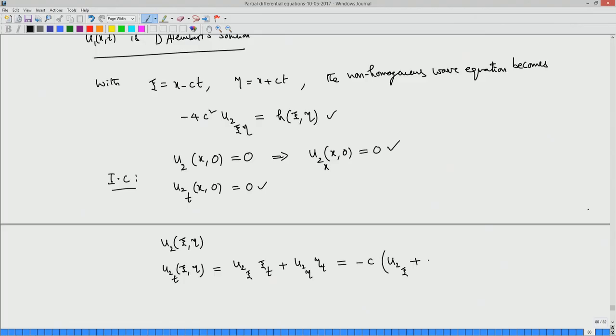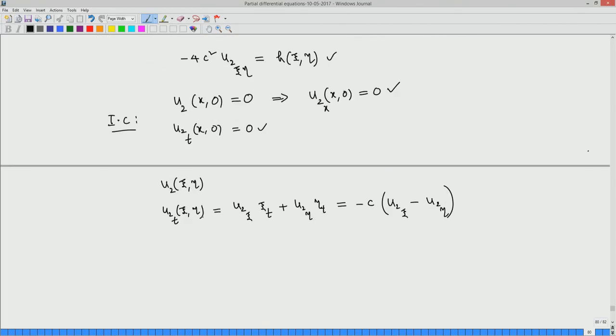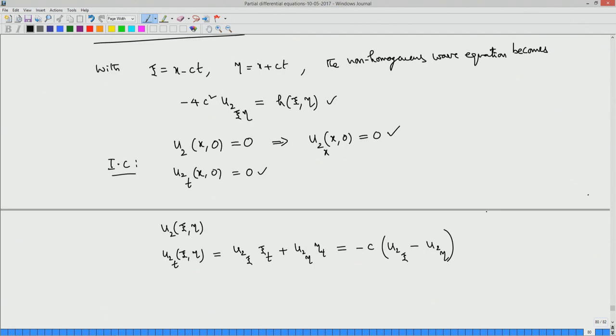So, you have minus c u2 xi plus c u2 eta. That is what u2t is. Now, from xi and eta one can find x and t.